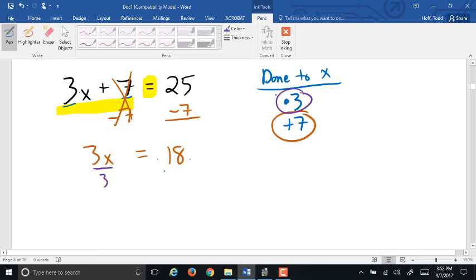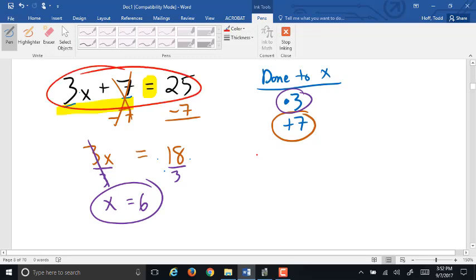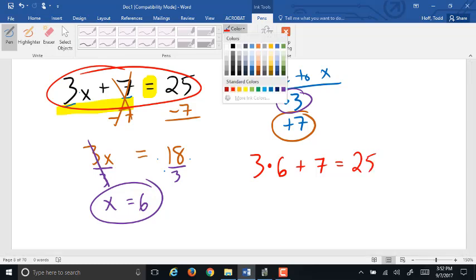The last piece is the multiplying by 3. We take it apart or we get rid of it by dividing by 3. We divide the 18 by 3 as well to get 6. Perfect. So we have x equals 6. We're going to double check that. 3x becomes 3 times 6 plus 7 equals 25.